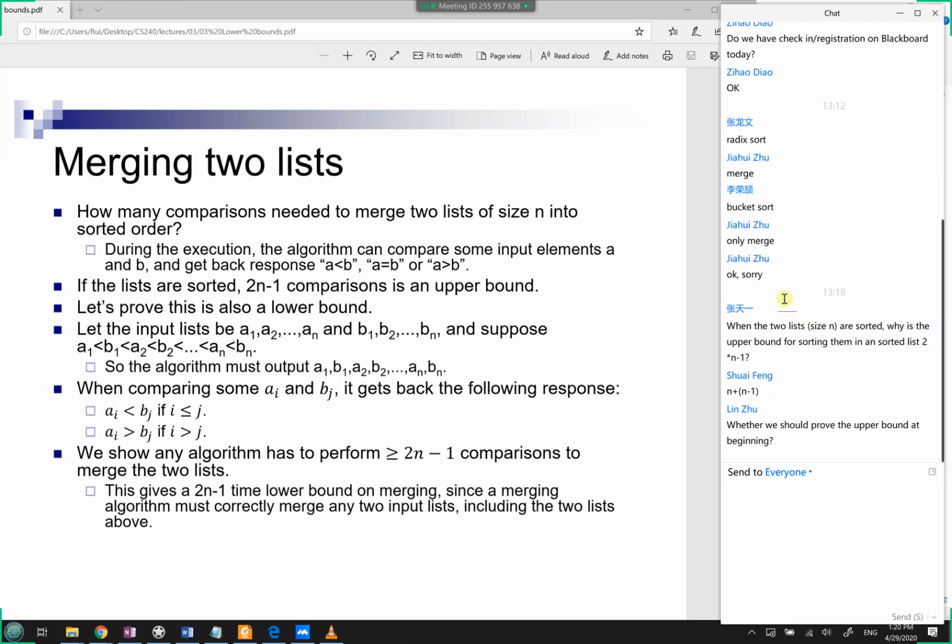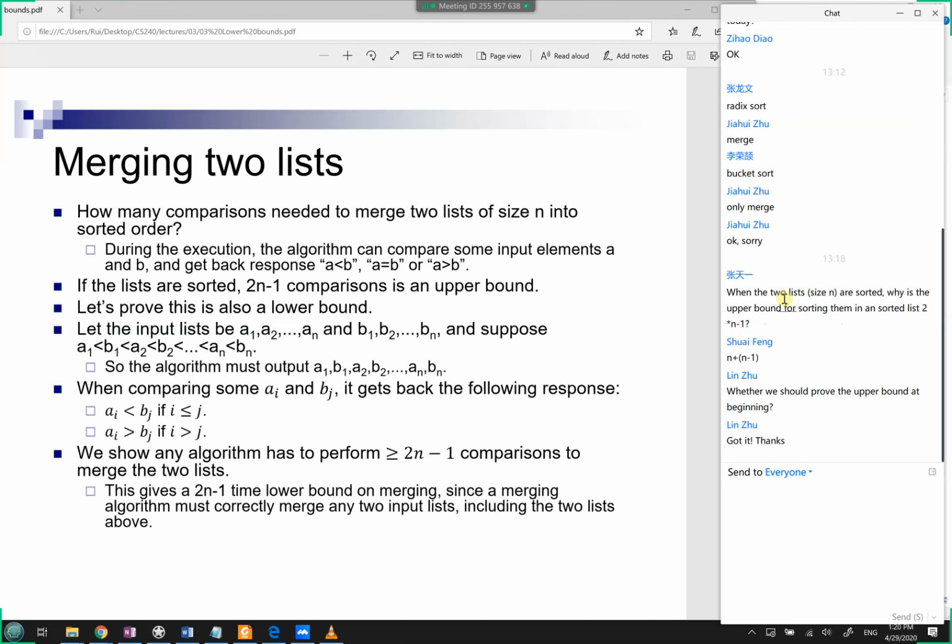It takes at most 2n minus 1 comparisons, and we also have this example where it takes at least 2n minus 1 comparisons. That's good because it tells you that you don't need to look for a more efficient algorithm, because it's already matching the lower bound. And you don't need to prove a better lower bound because there's already a matching algorithm. So once you get that tightness, then you can stop.